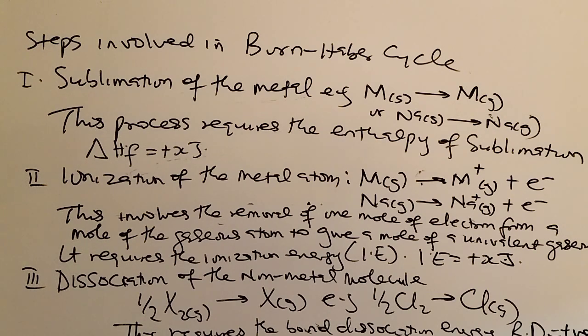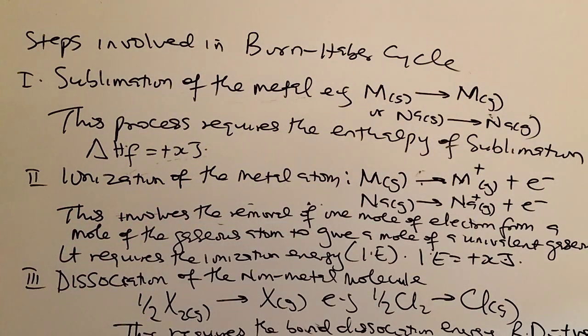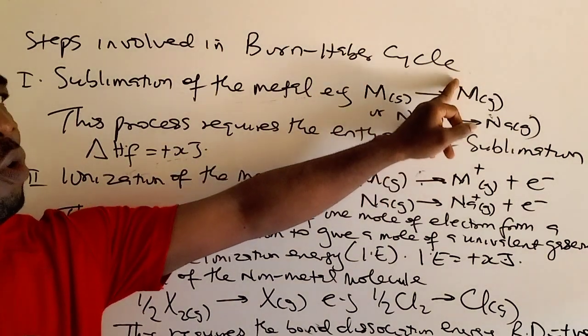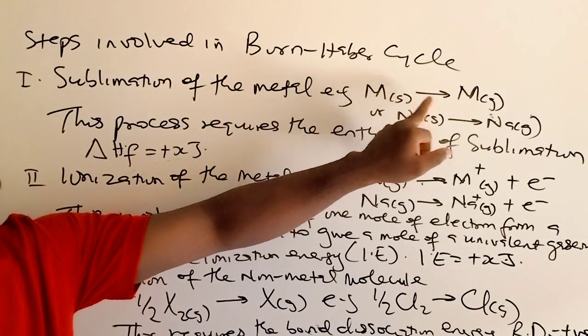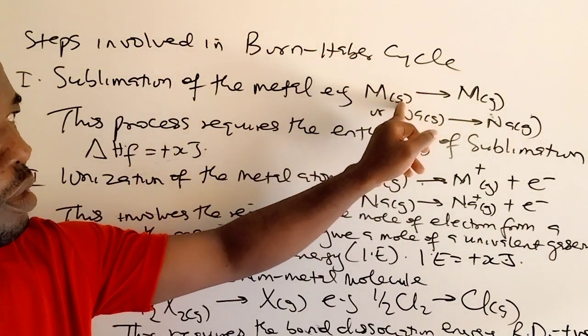The first step involved in the Born-Haber cycle is sublimation of the metal. To sublime means to move from solid to gaseous state. This process requires the enthalpy of sublimation, the heat energy required to sublime 1 mole of the solid metal M to 1 mole of gaseous metal.